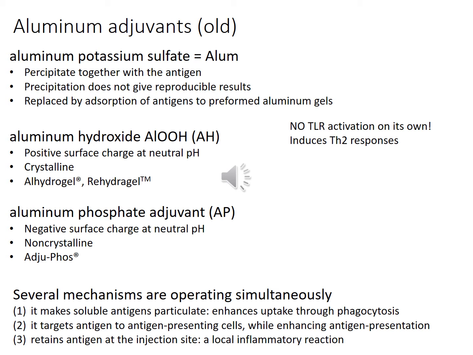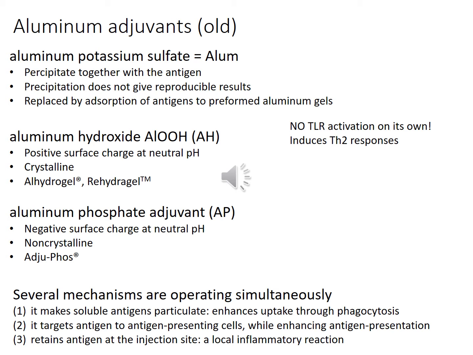The resulting vaccine can be quite variable, and therefore the alum is absorption of antigens to preformed aluminium gels, and these aluminium gels can be either aluminium hydroxide, referred to as AH, or aluminium phosphate adjuvant.